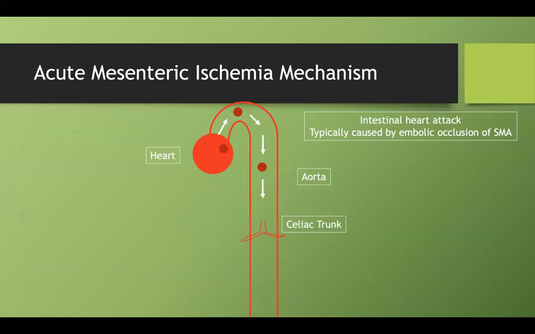The first major GI organ that it might lodge in would be the celiac trunk. But because the celiac trunk is at more of an exaggerated angle to the aorta, oftentimes the clot will actually pass the celiac trunk and it'll only get lodged in the next GI artery, which is our SMA, which is less acute of an angle.